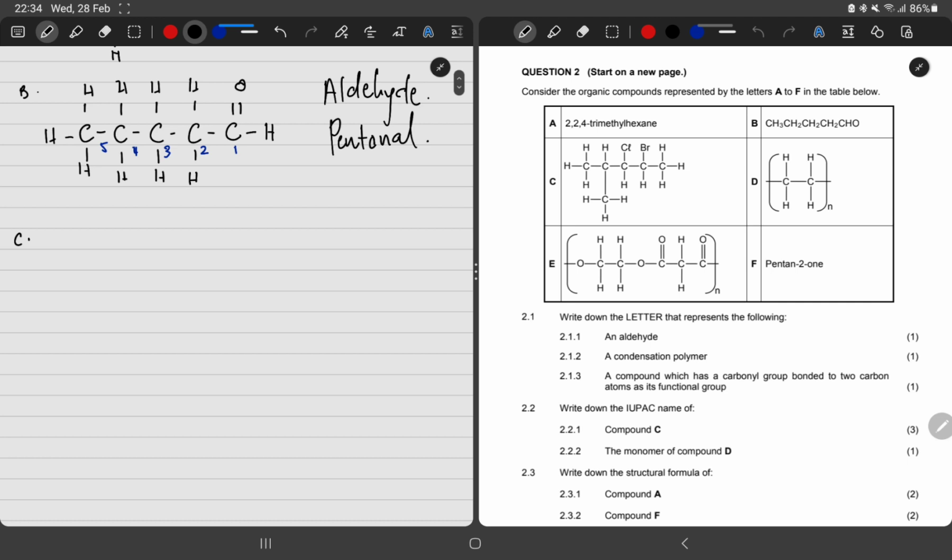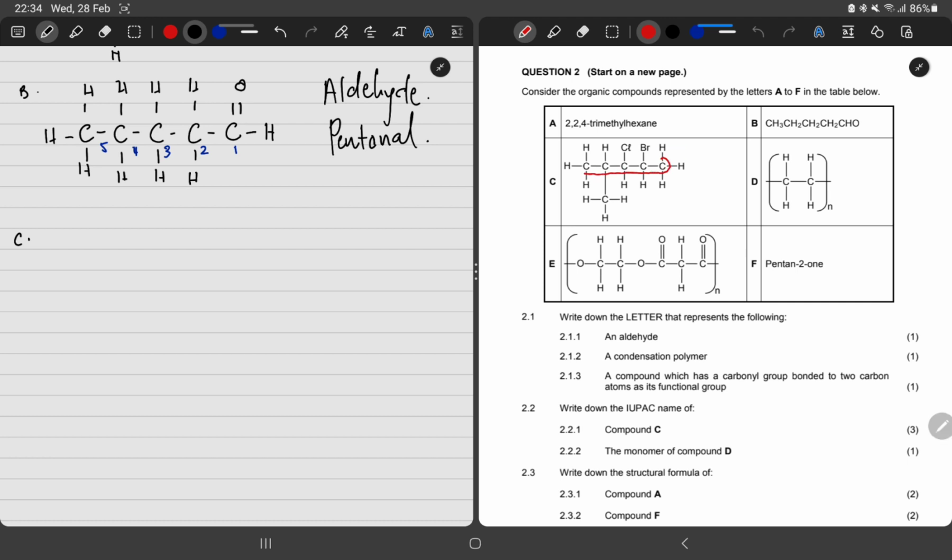And then C, that is a haloalkane. I don't need to draw the structural formula. So now let's try and name it. The first step is to identify the longest continuous chain and ensure that the functional group is part of that chain.